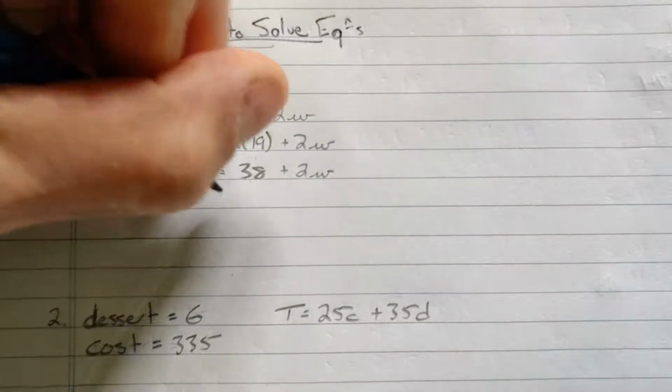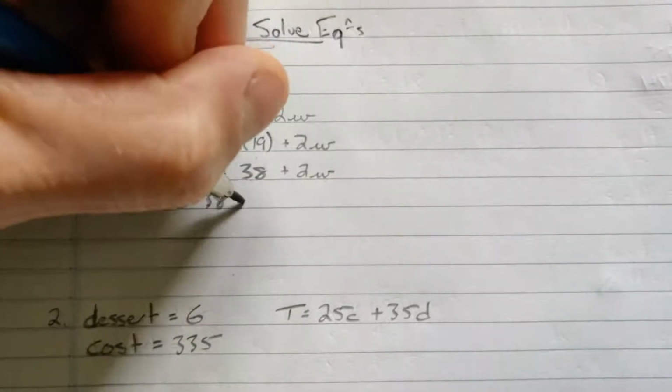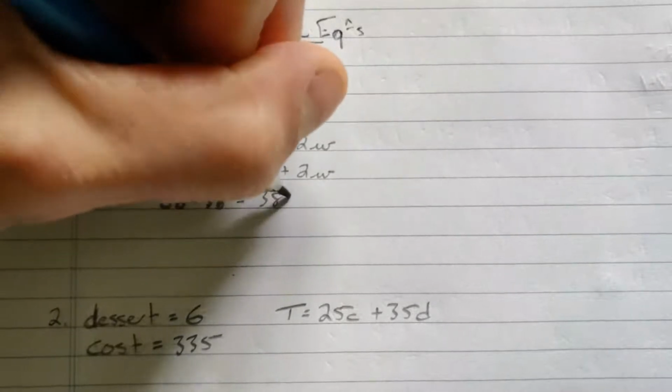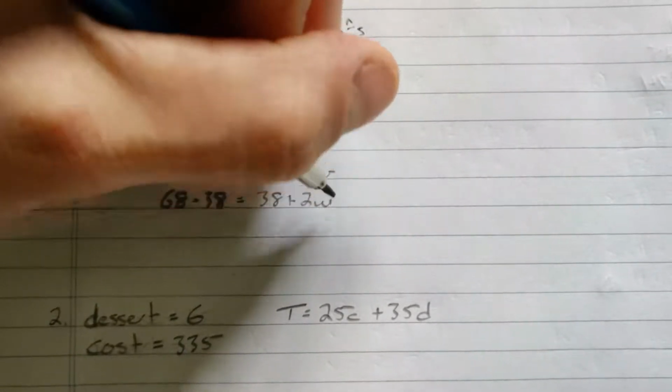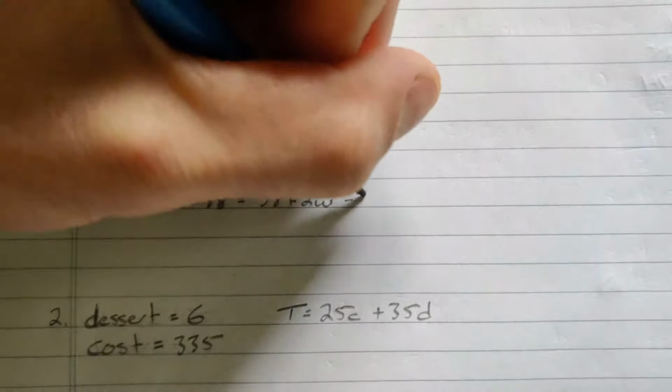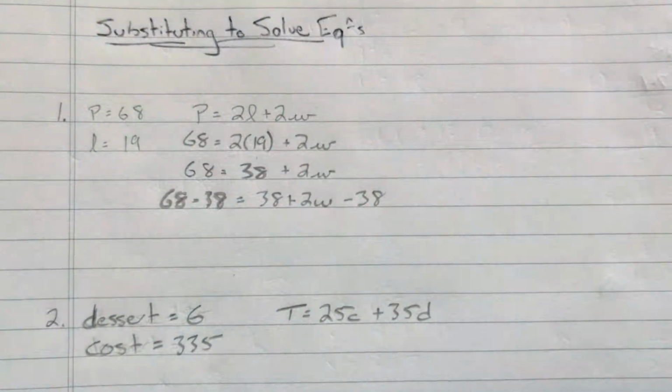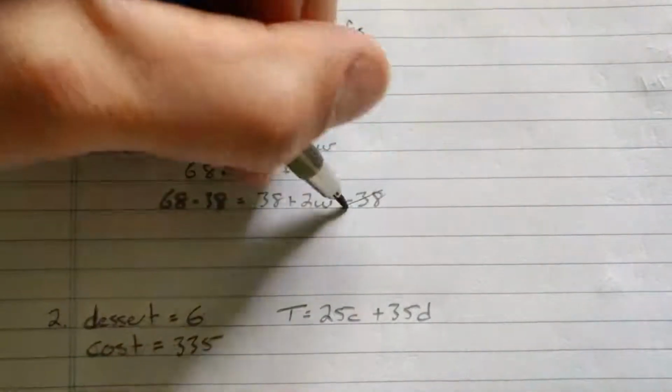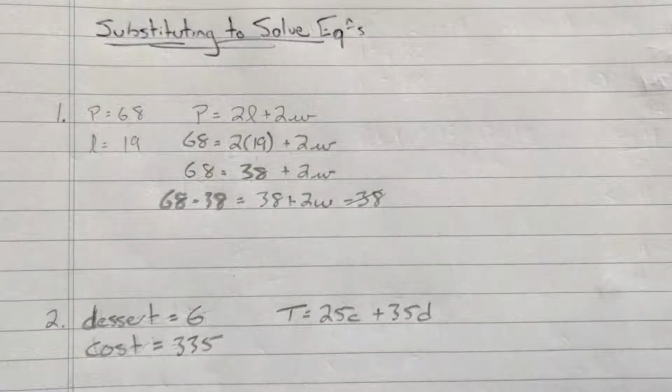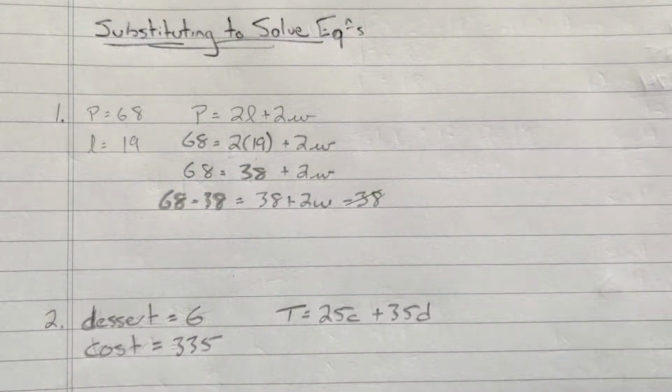So 68 minus 38 equals 38 plus 2w. And then we're going to subtract our 38 from that side as well. So we've subtracted 38 from both sides. That clears it out of there.